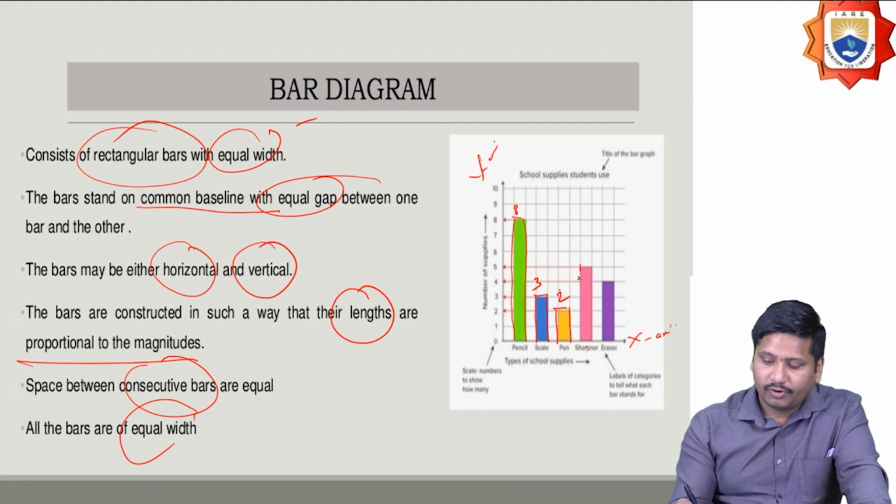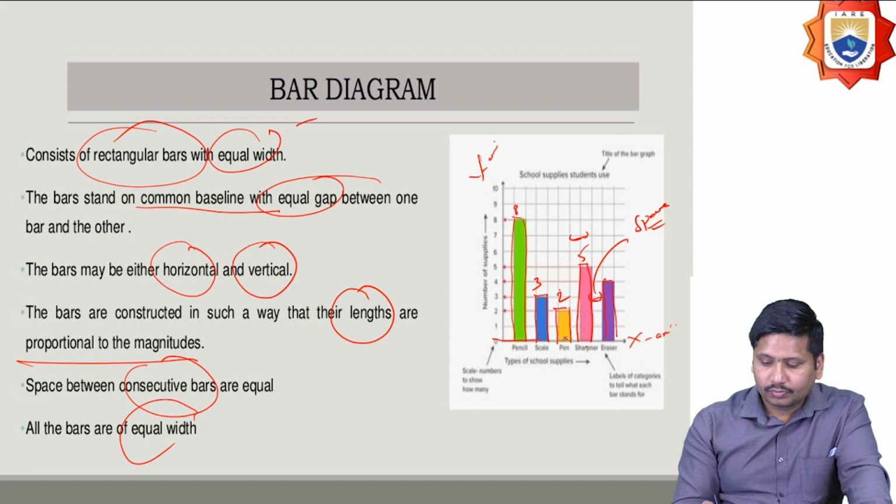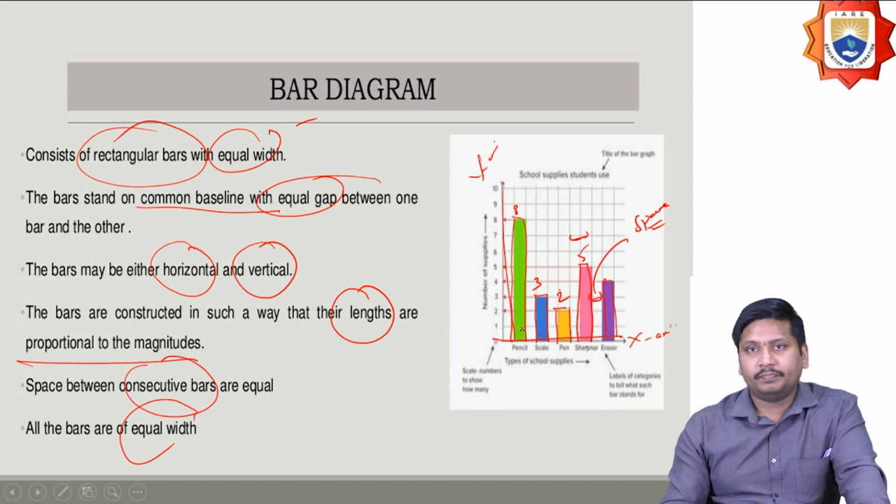And then similarly, 5 students use the sharpener. Like this, I can construct the bars of equal width, and the space between the bars should also be equal, and all the bars should stand on a standard baseline.